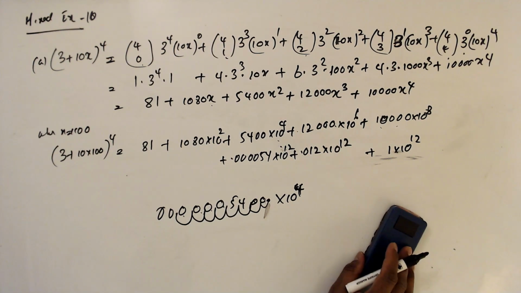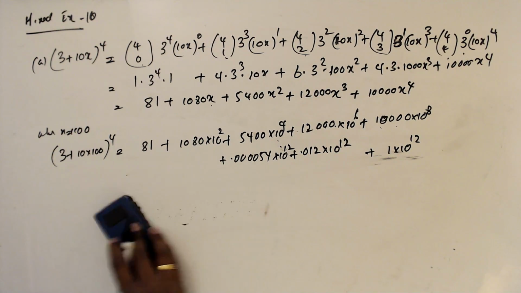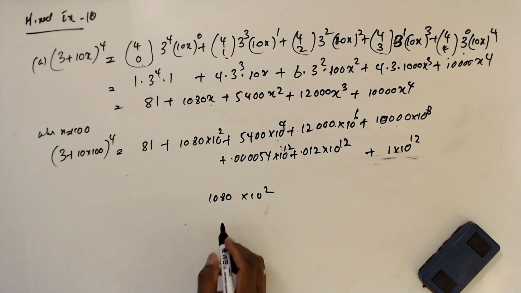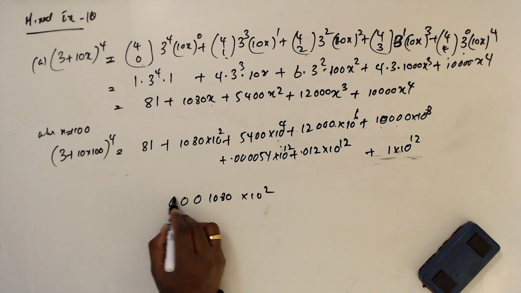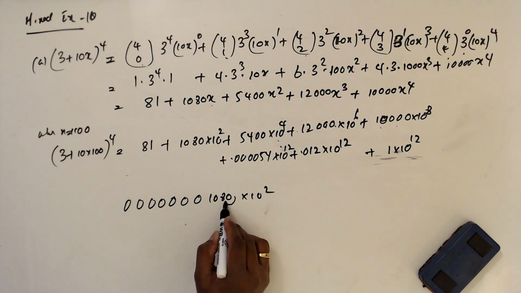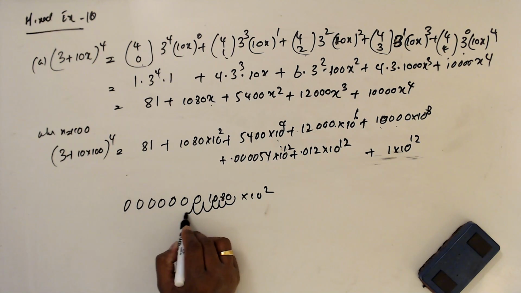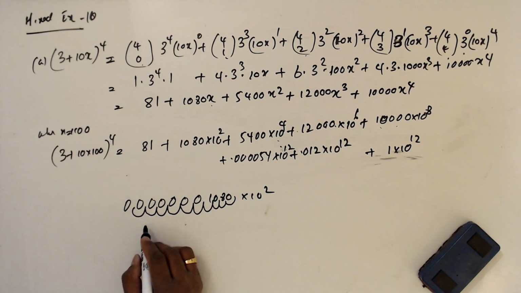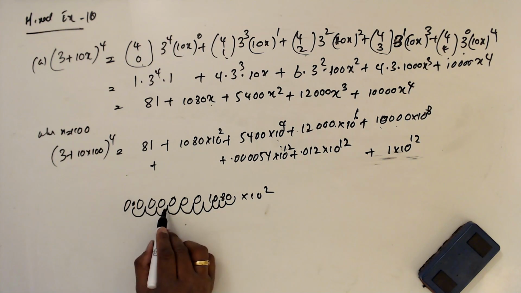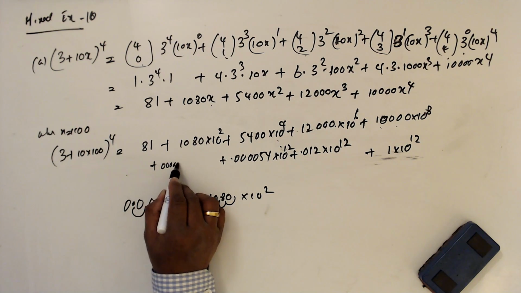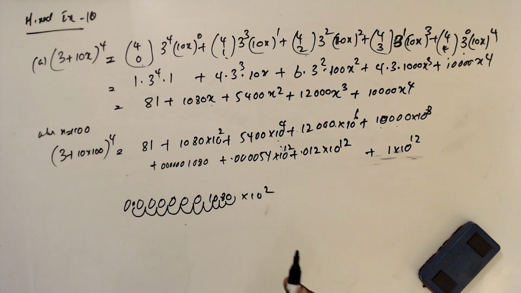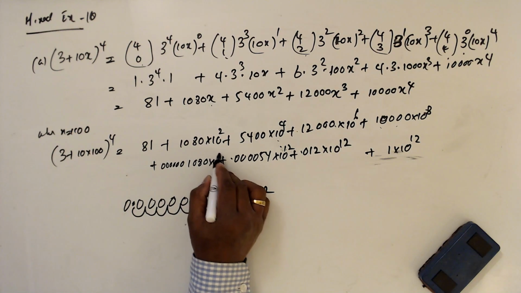And 1080 times 10 squared means 0.0000108 times 10 to the power 12.